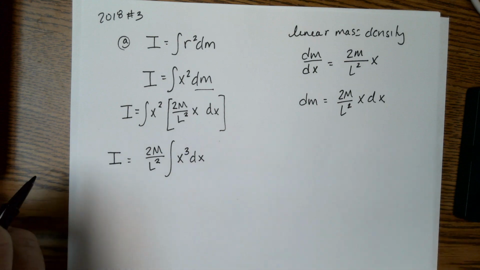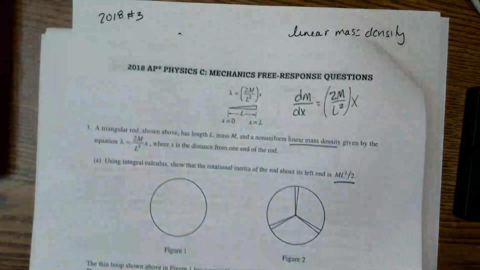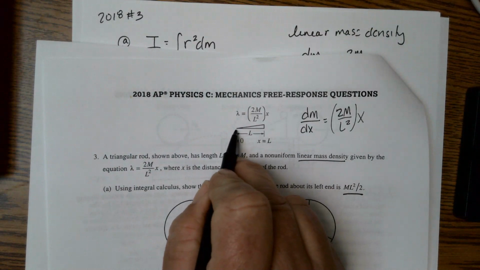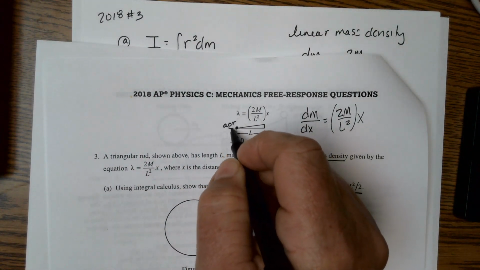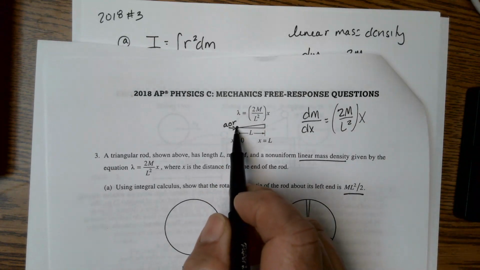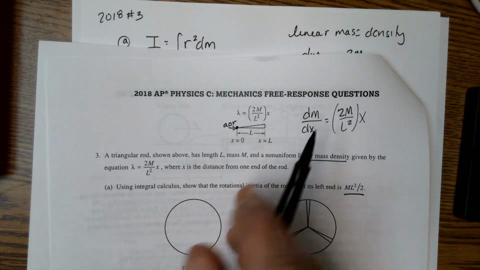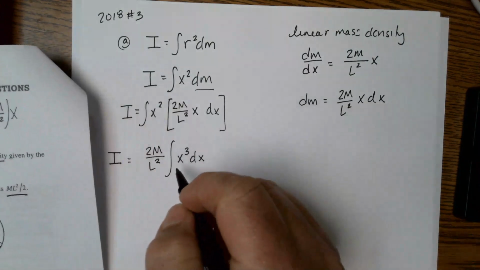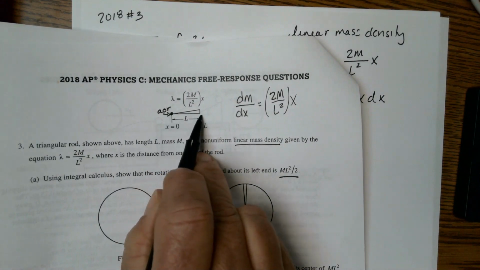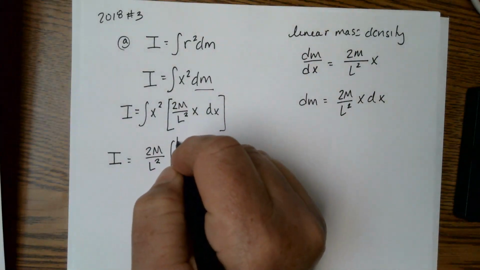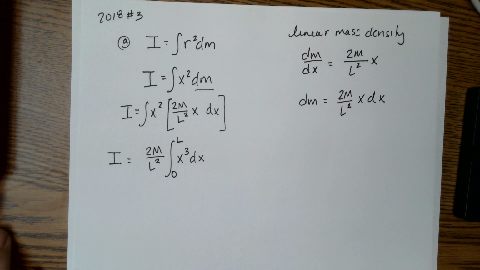Now we need to put some bounds on our integral. If my axis of rotation is here at the end, then my lower bound is the distance before that, which would be nothing, and my upper bound is the distance after that, which is the length of the triangular rod.